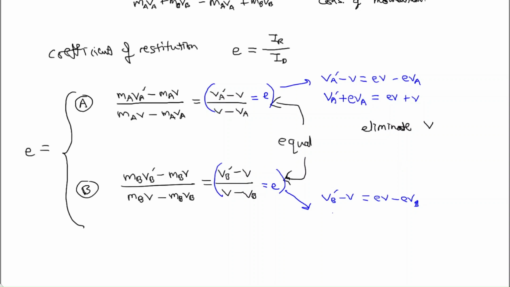The particle B equation looks pretty much the same, except I'm just changing the subscripts, a to b. So what I have now is ev plus v equaling two different things, so the wavy underlines I'm going to set equal to each other.